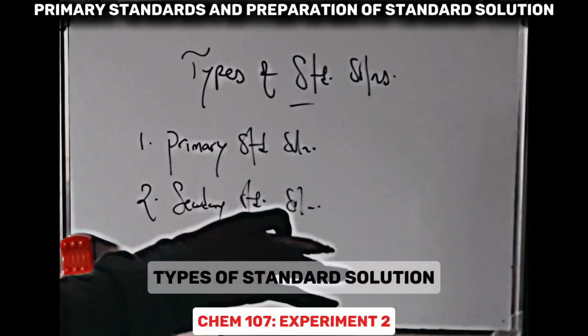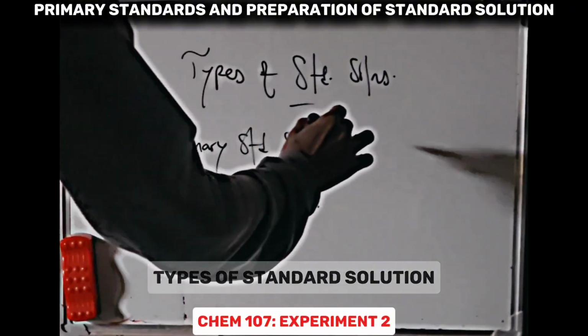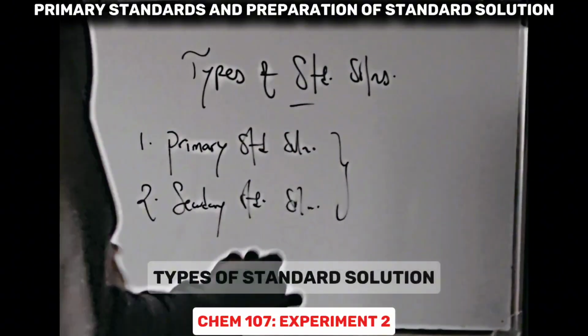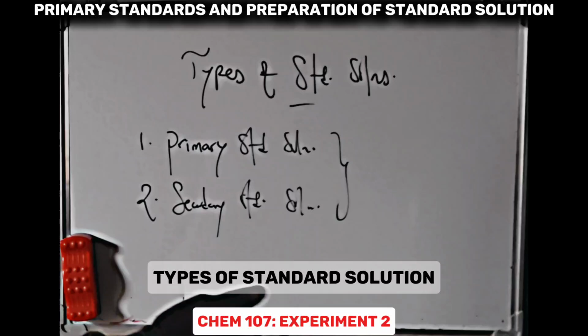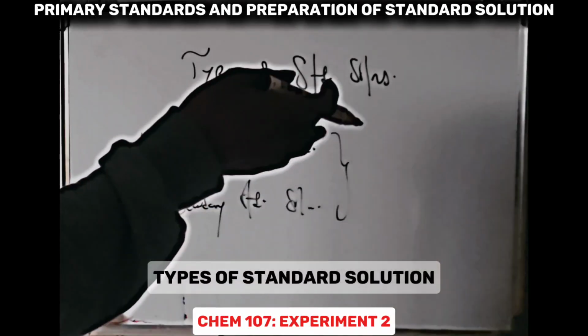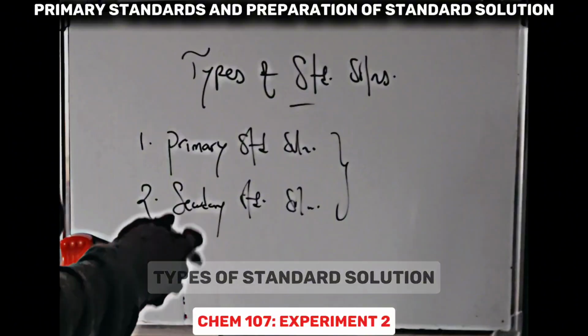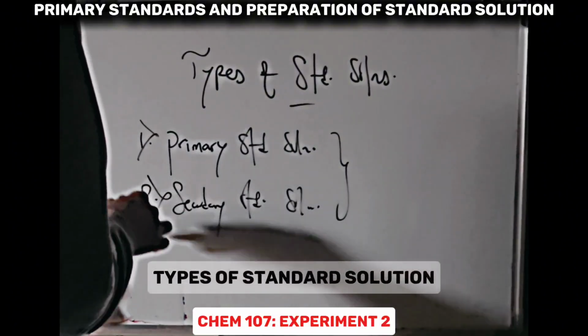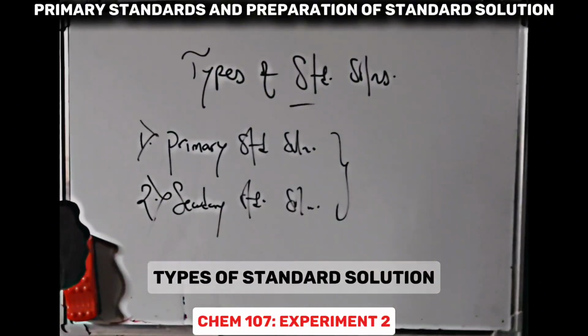Bear in mind their concentrations are known. One could be known, one could be unknown in an acid-base reaction. So it varies. Basically, we have two types of standard solution.